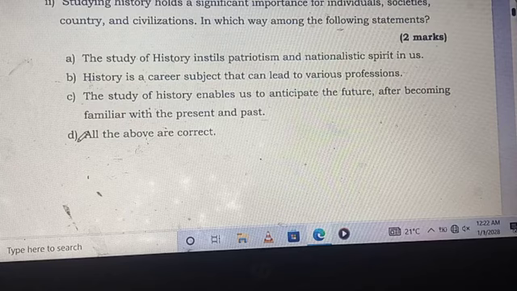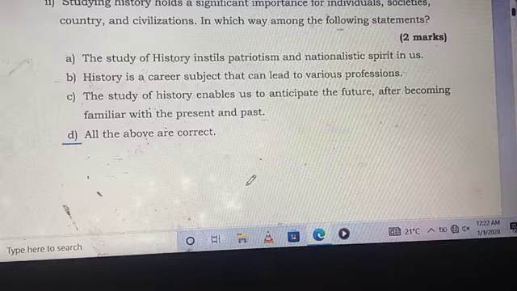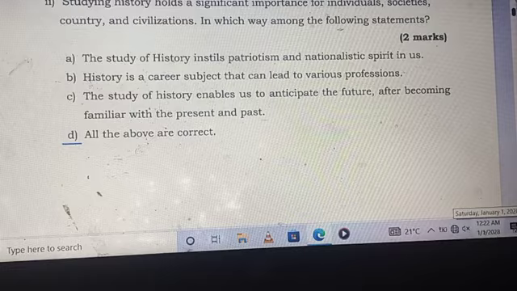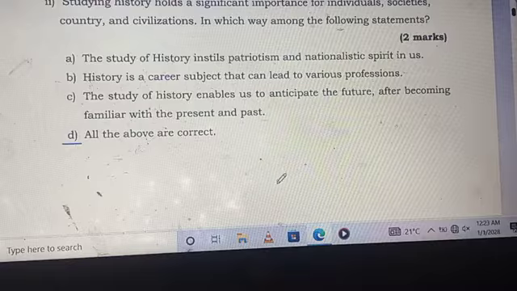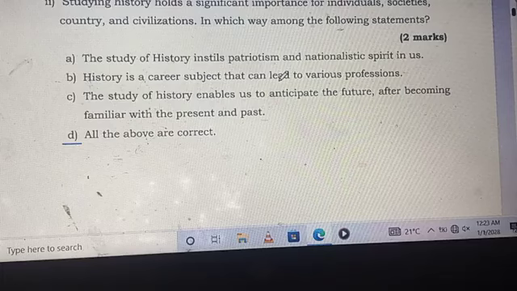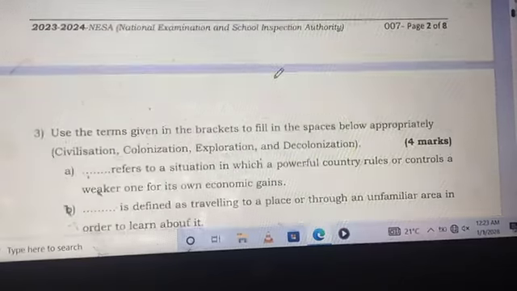The correct answer is letter D. All the above are correct. Development, patriotism, career opportunities, helping people understand the past and future. That is all correct. That is all the importance of history for individuals, society, country, and civilization.